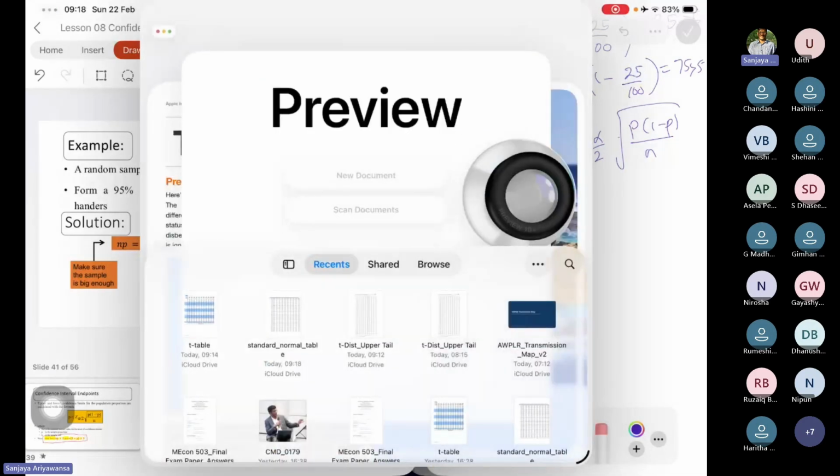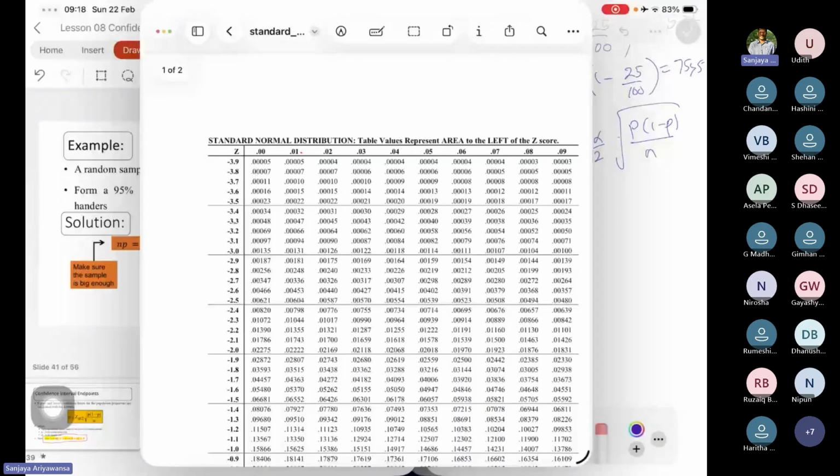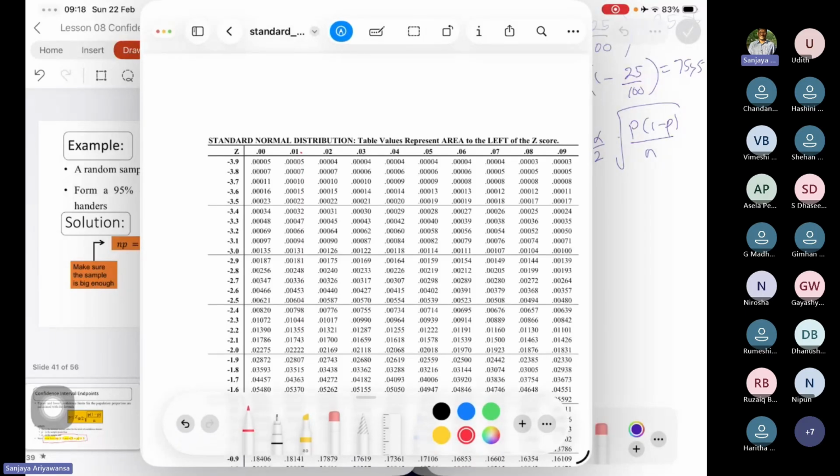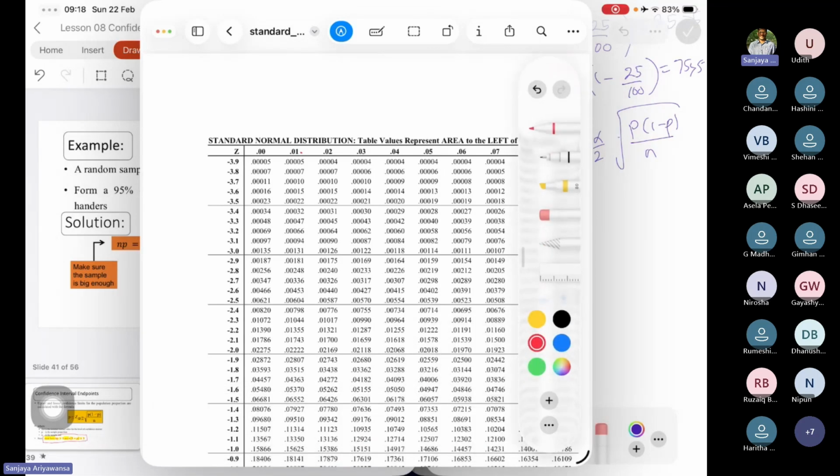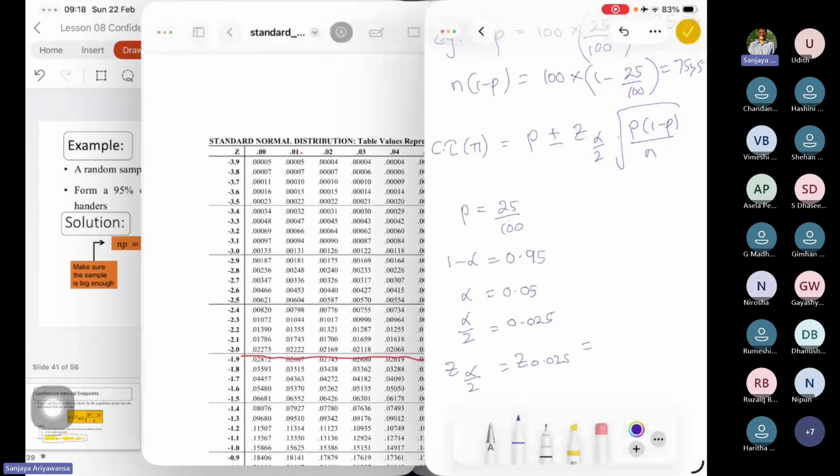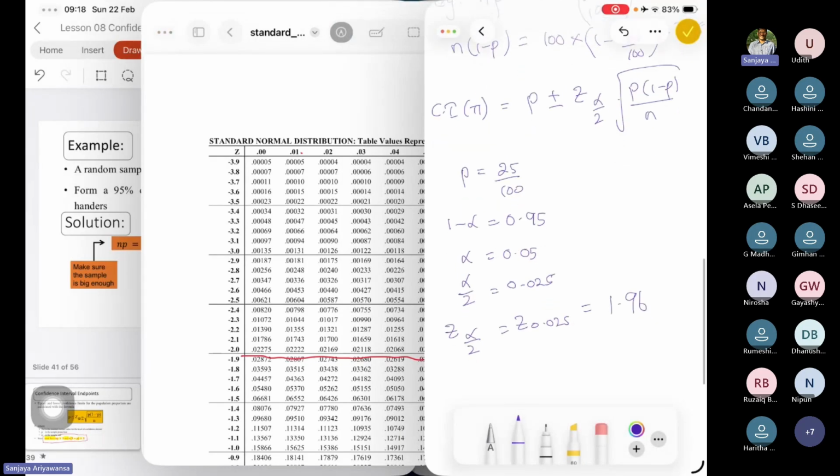I want to look at the standard normal distribution, and where 0.025 is. It is over here, and that is 1.96. So Z 0.025 is 1.96.